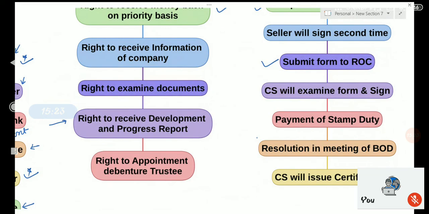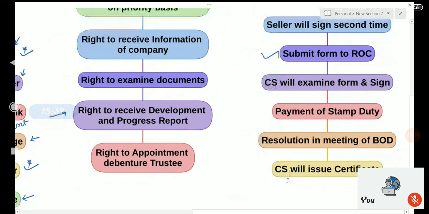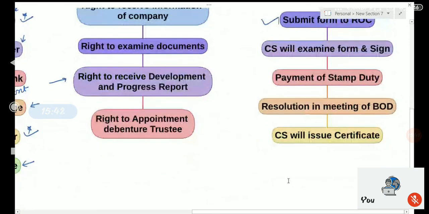Resolution in the meeting of the board of directors. Once the company secretary is assured that yes, the form is okay, there is no fraud, there are no discrepancies, stamp duty payment is also perfect, there is no question related to that, then he will prepare a draft, and that particular draft will be presented in the meeting of the board of directors. The board of directors will approve.